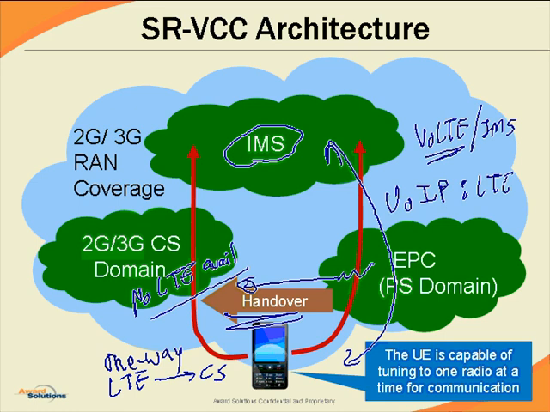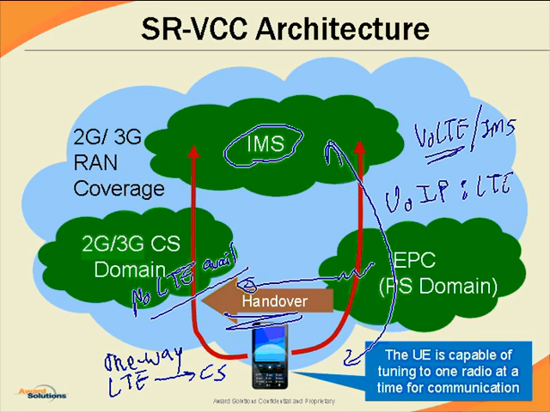But right now, the assumption is that once we go to CS technology, the user stays with CS and finishes up the voice call, then the user can come back to LTE. Because LTE will be in some pockets, legacy technology will be everywhere. So once you go to legacy technology, you can stay on legacy until the call is over. That is the idea. That should be the most common scenario. So one-way handover from LTE to legacy technology, SRVCC, in the initial version of the standard.